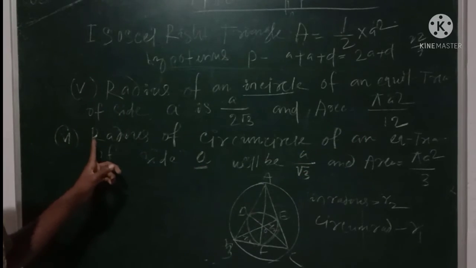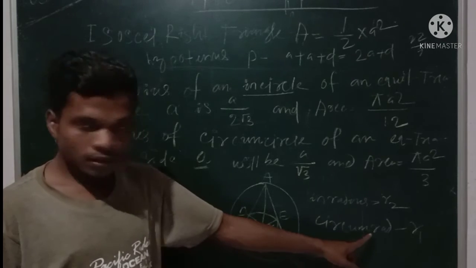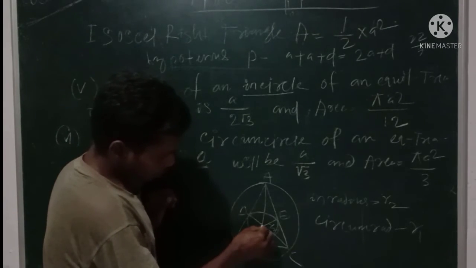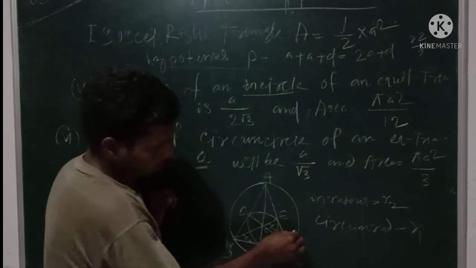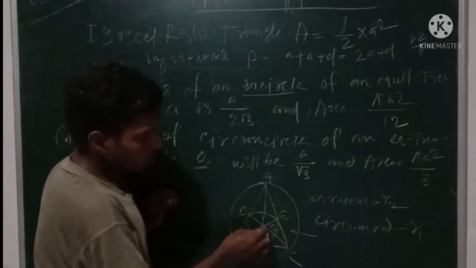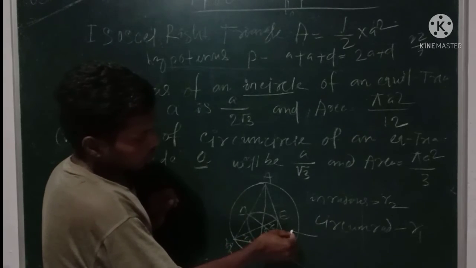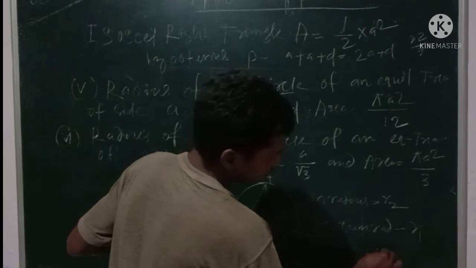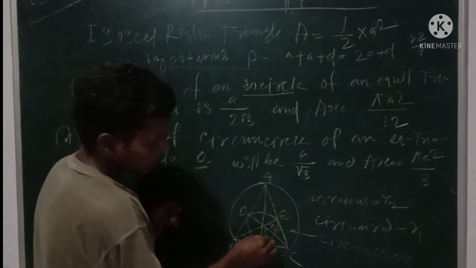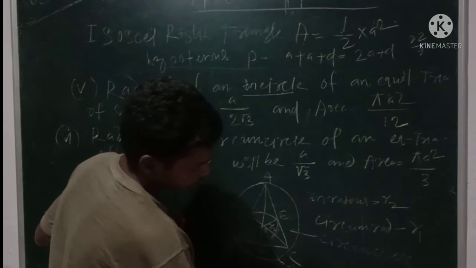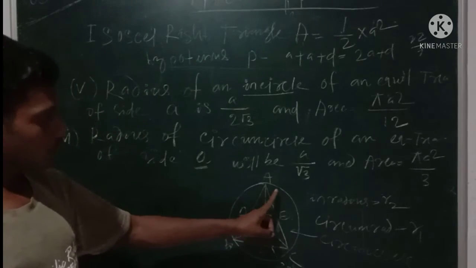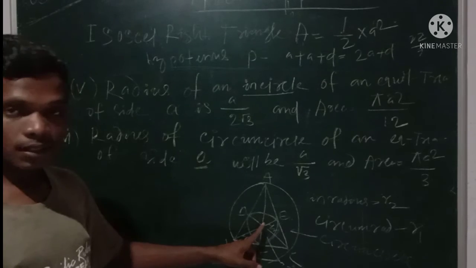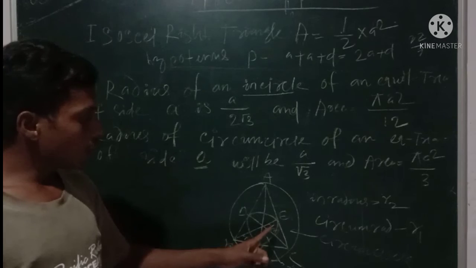Okay, and next the radius of the circumcircle, the circumradius. The circle drawn outside the triangle, touching its vertices, we call the circumcircle. The circle inside is called the in-circle. Do all of you understand this? Outside the triangle is the circumcircle, and inside the triangle is the in-circle.